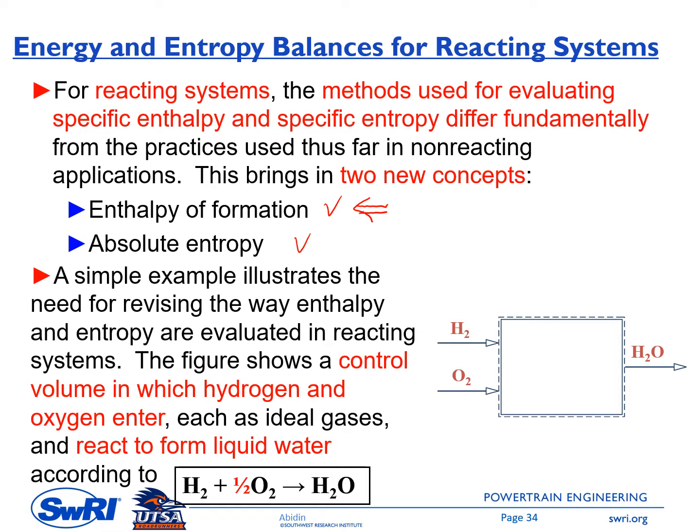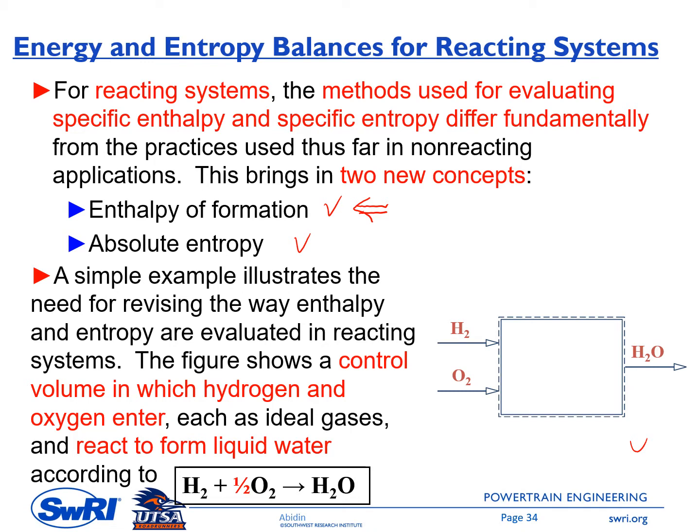So the figure on the right side here is showing an open system or a control volume. And then hydrogen and oxygen enter from the left side, each as ideal gases, and then react inside this control volume to form liquid water.